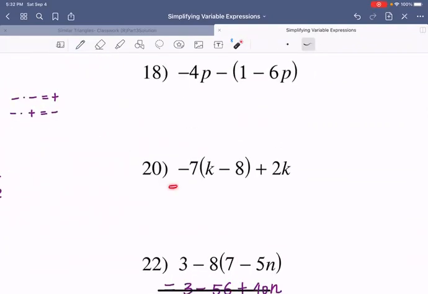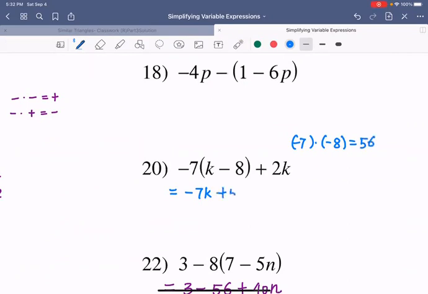Let me check you for number 20. Go ahead, please. -7 times k is -7k. Subtract -56. Very good. So we can write down on the side, negative times negative equals positive. Very good.